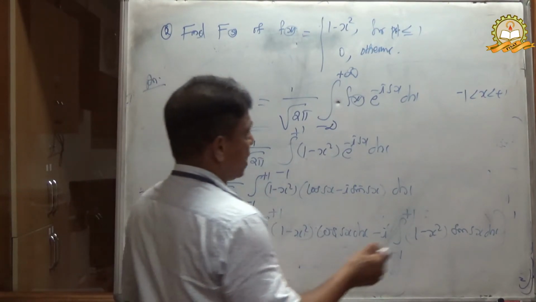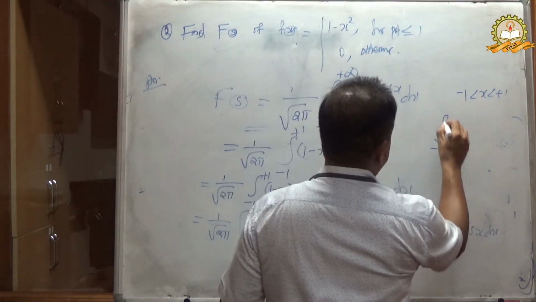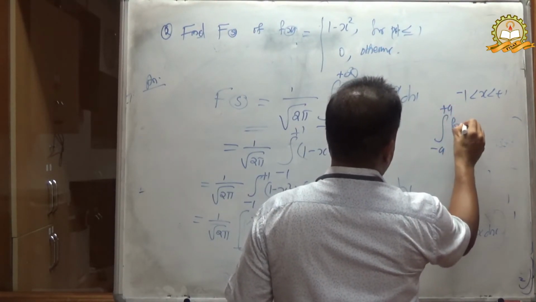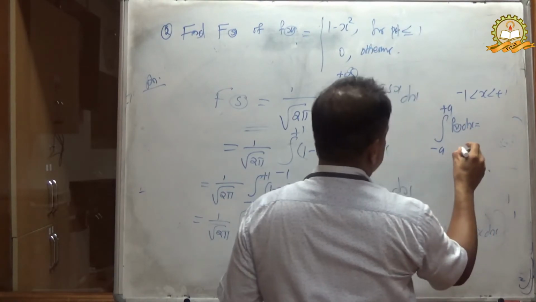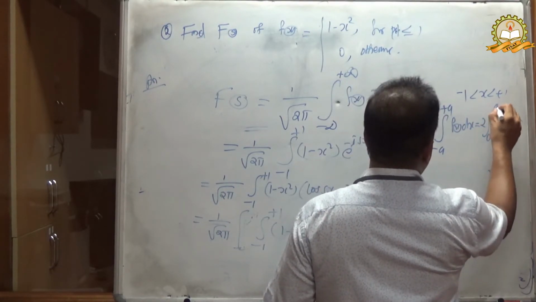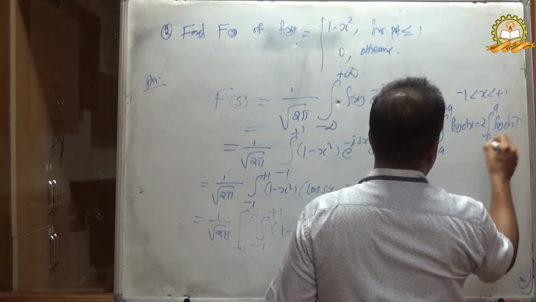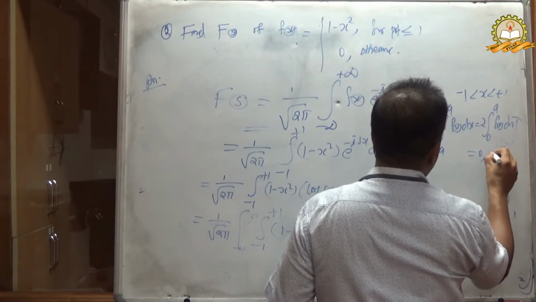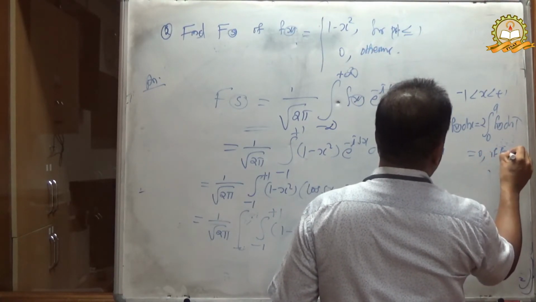Property of definite integral. Last class we said that the integral from minus a to plus a of f of x dx is equal to 2 times the integral from 0 to a of f of x dx if f of x is even, and 0 if f of x is odd.